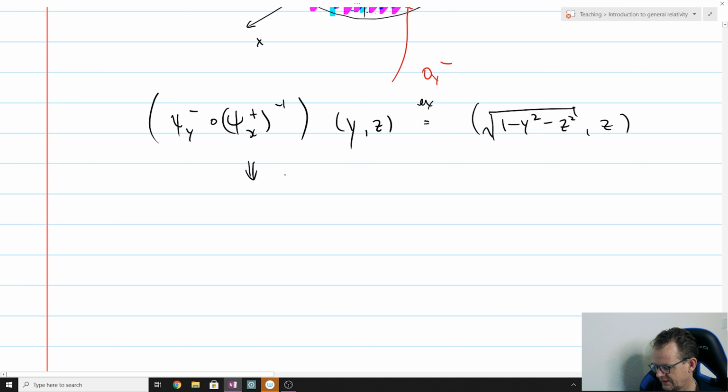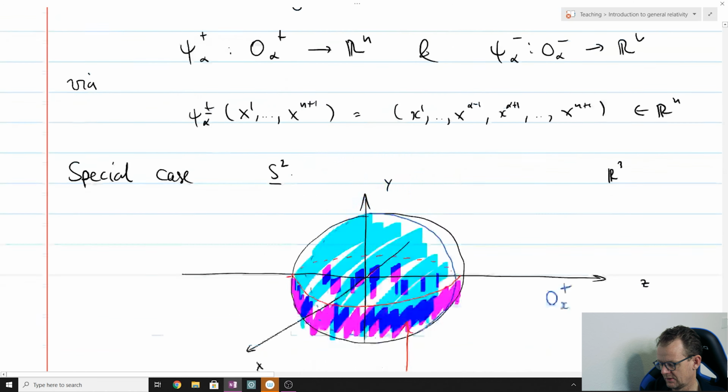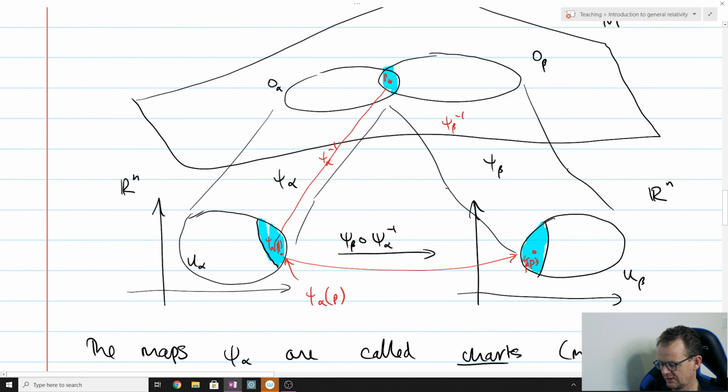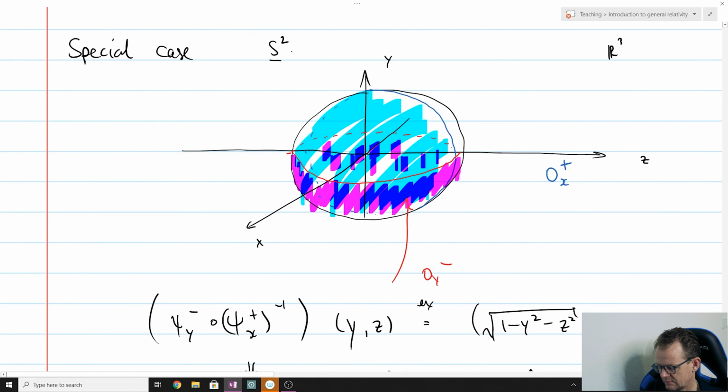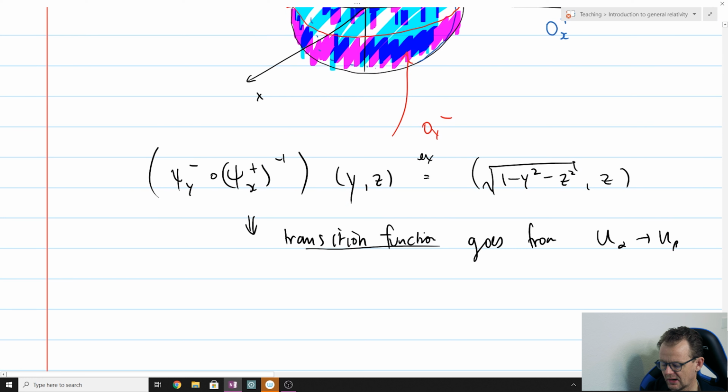So this transition function goes from a subset of U alpha to a subset of U beta. If we go back to the definition here, we see that U alpha is mapped by this transition function to U beta, and it's given in R2 precisely by the formula I described, and that's an exercise.